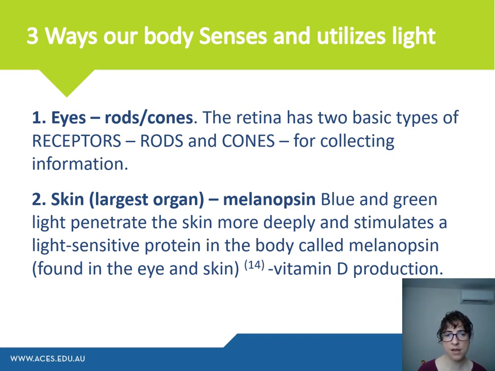Now the other thing is that we don't realize how much our skin impacts light absorption and how our body reacts to light through our skin, because we have melanopsin in our skin as well, which means that we can pick up blue light and it penetrates our skin as well as through our eyes. So it's just another way that we can actually be affected by the lighting in our home, which is why it's so important to understand what this blue light is doing to us.